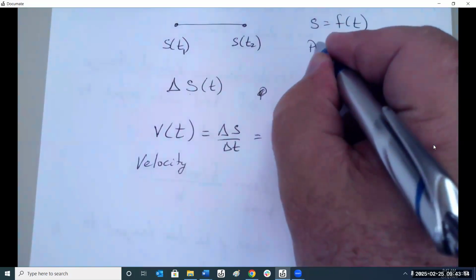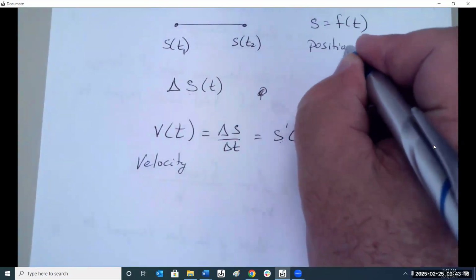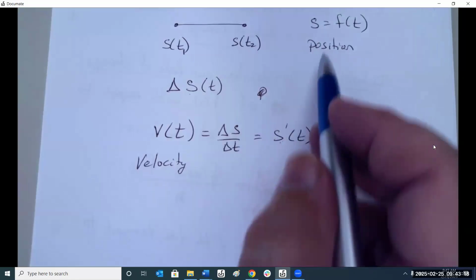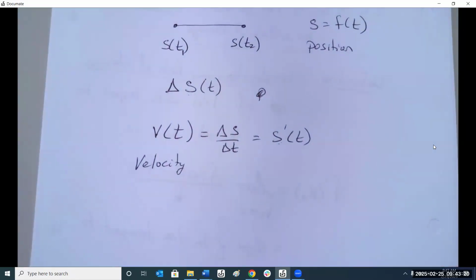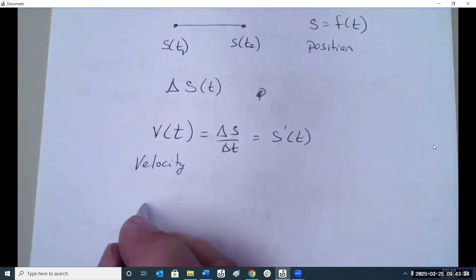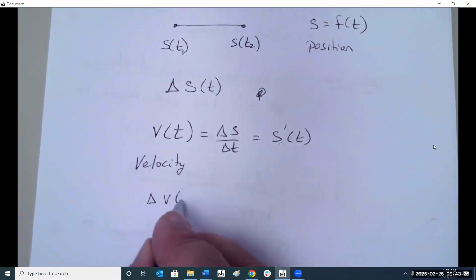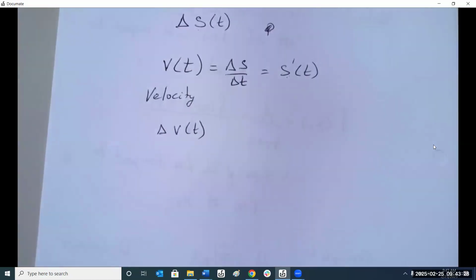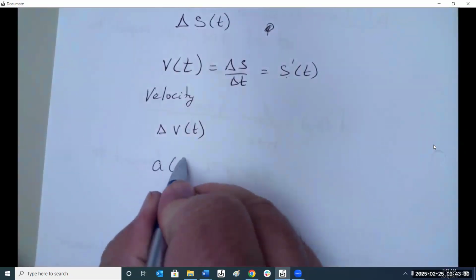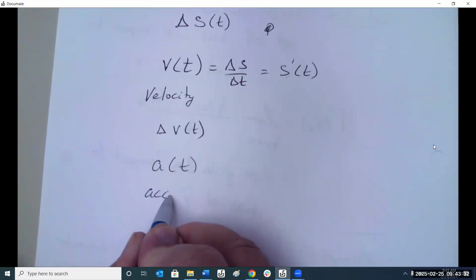This is our position. So the velocity is the first derivative of position. Now, what happens as your velocity changes? We get something called acceleration.